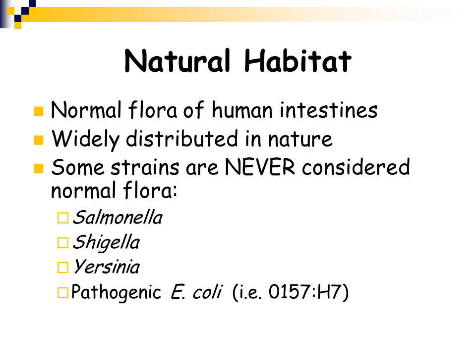And then there are also some pathogenic strains of E. coli. Escherichia coli is normal flora. However, there are specific strains of Escherichia coli, the pathogenic E. coli, such as O157:H7, that would not be considered normal flora.